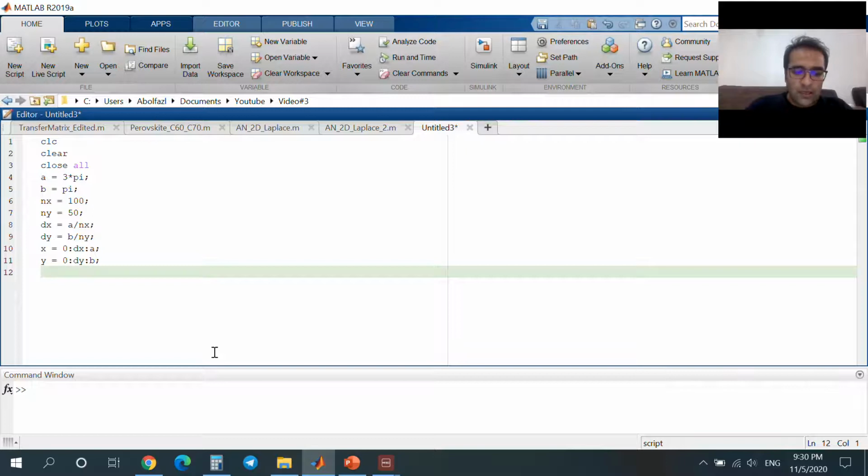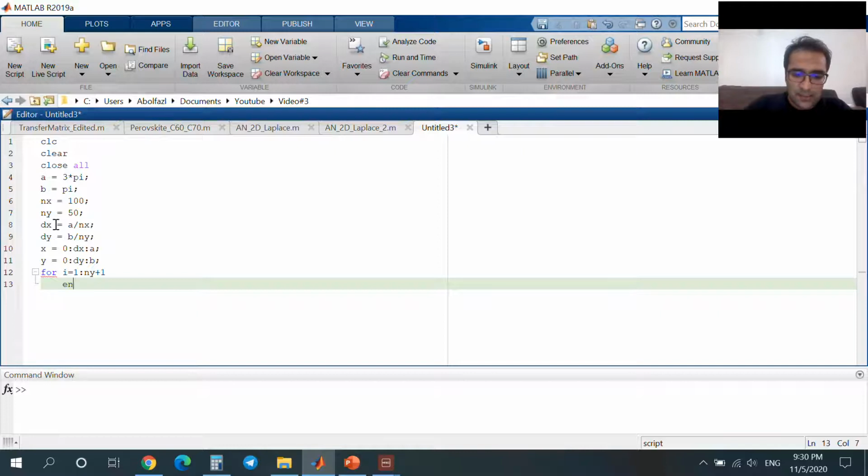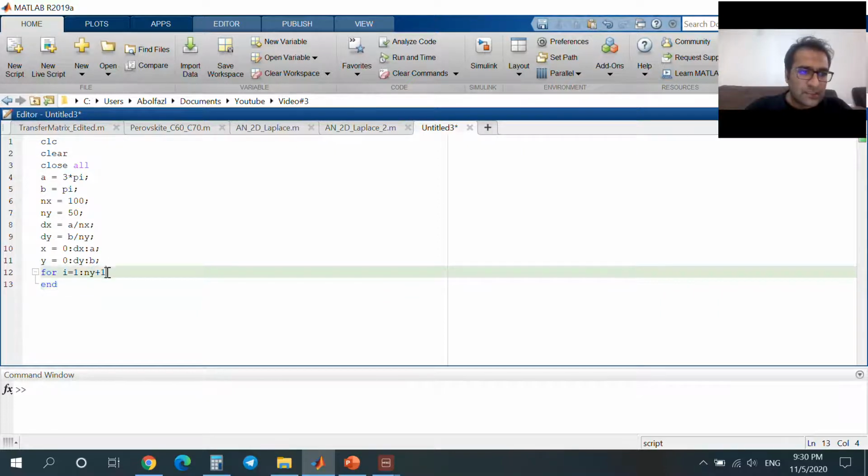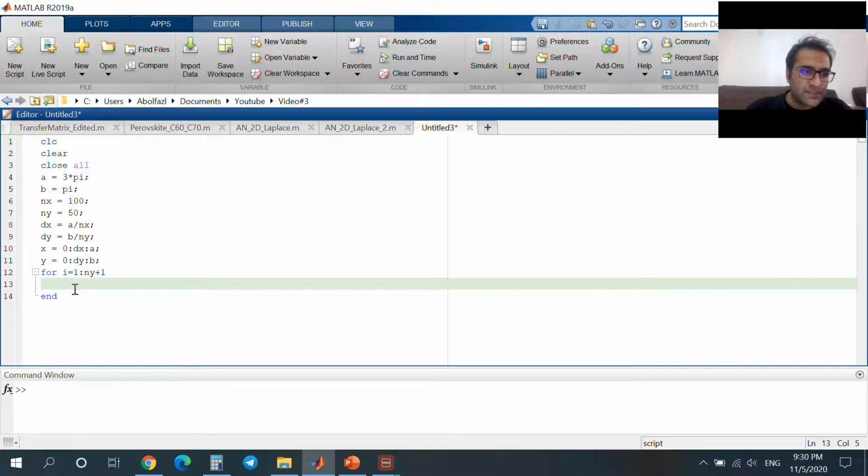So I want to define index i that represents the y-axis, so it should be changed from 1 to ny plus 1, the number of points in the y-axis, right? And here index i represents the y-axis, and it changes from 1 to ny plus 1.